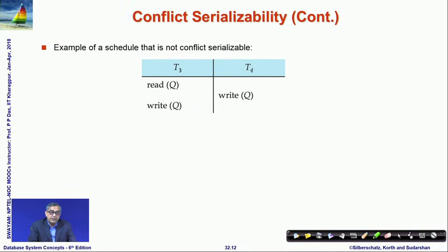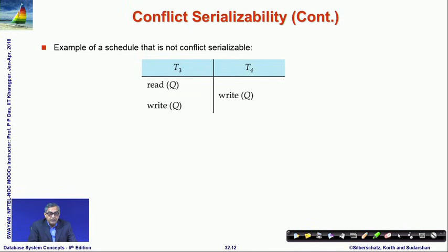They both access the same data item Q and they both are writes. The other option is I could swap read Q in T3 and write Q in T4, that they are also conflicting because they access the same data item and one of them is a write.